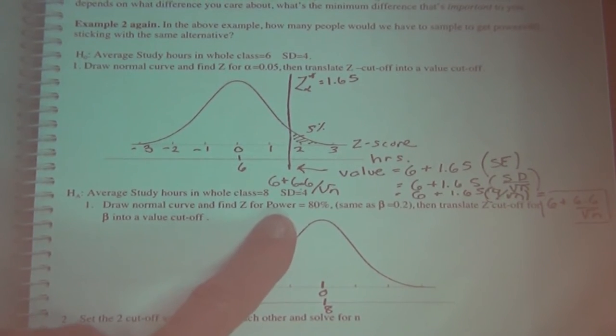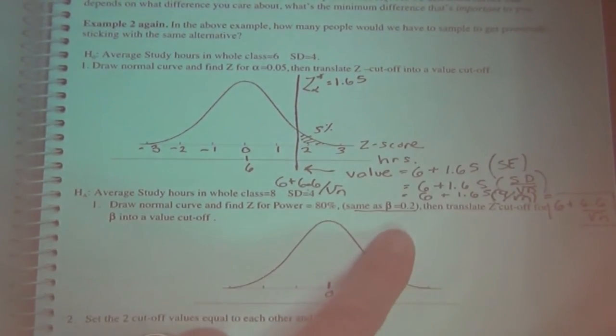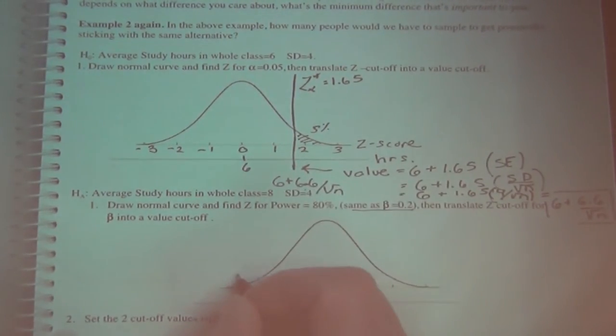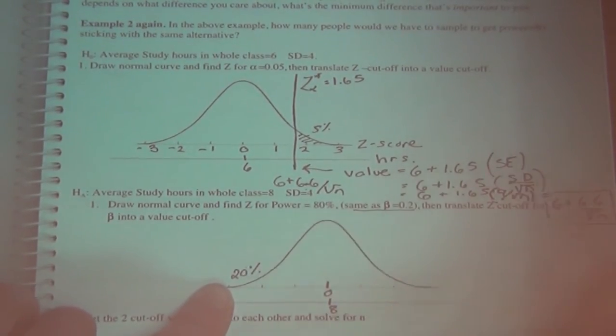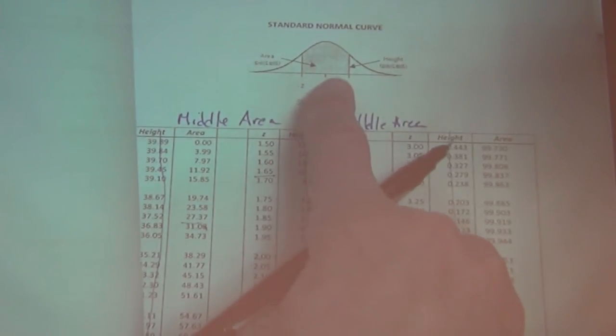So for 80%, power means this is your type 2 error of 20%. That means here we specified 5%, now we're specifying 20%. Okay, you understand?